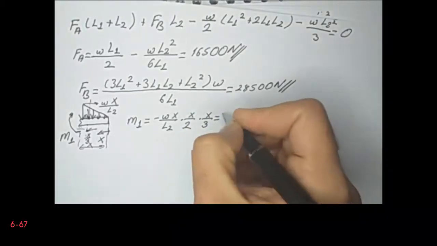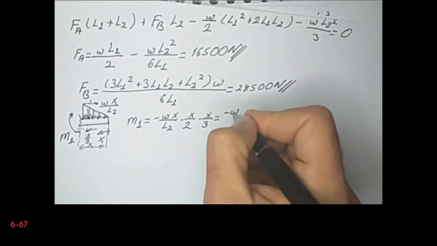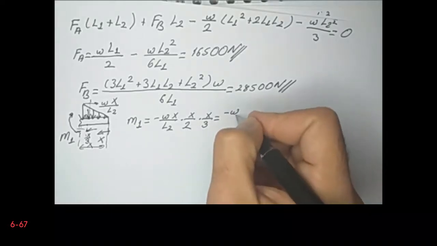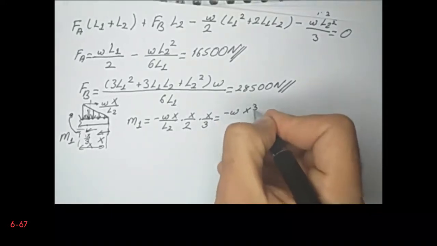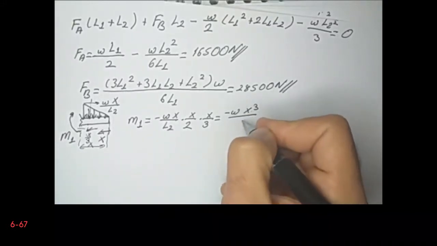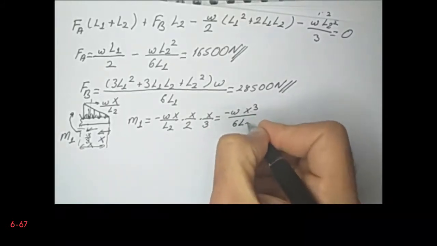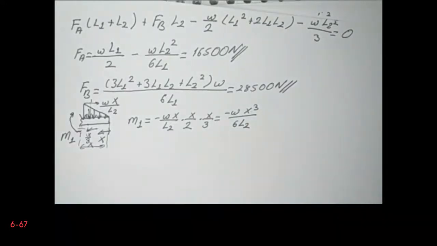So M1 is equal to minus W X cube divided by 6 L2. Okay, so this is the result for the first part.